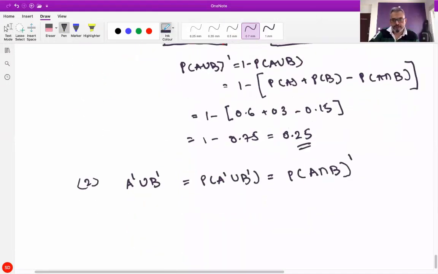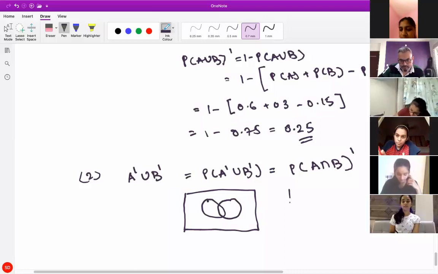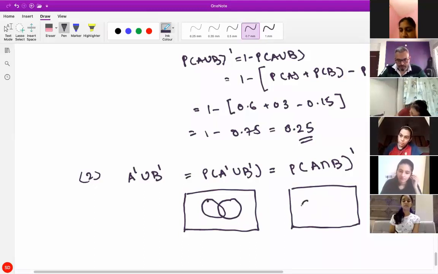Now, let's check this out. You can do it using some numbers also, or you can use the Venn diagram. I will use the Venn diagram just to make you understand the concept. We can also do it in only one, that's fine because both are equal.